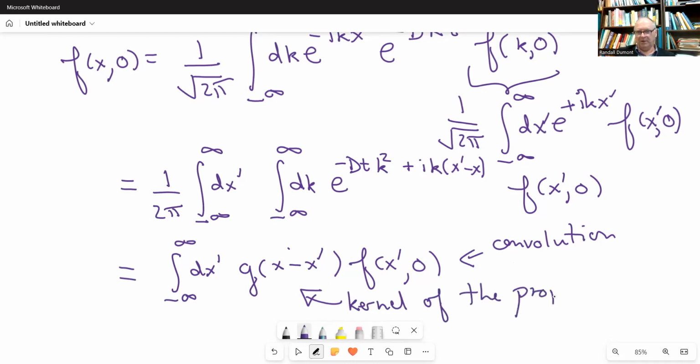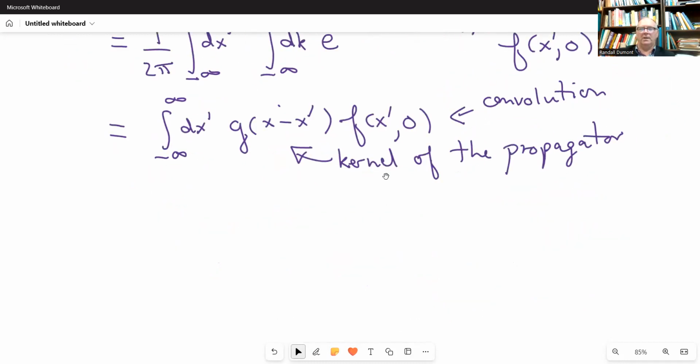This is the time propagator for the diffusion equation. And it's also known as a Green's function, or Green function.